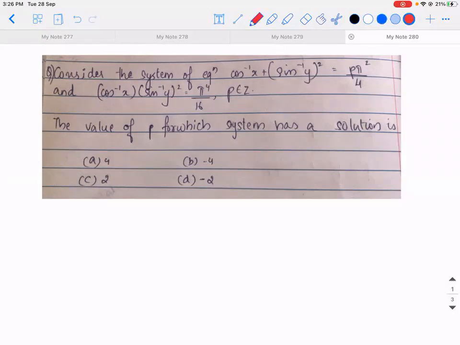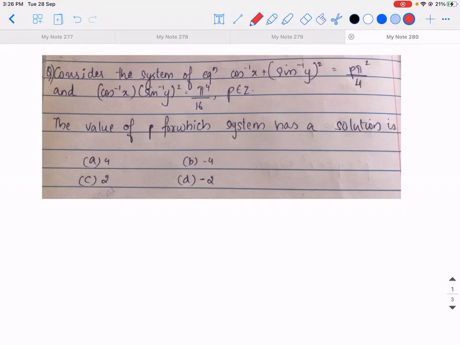So in this question, consider the system of equations: (cos inverse x plus sine inverse y) whole square is equal to p pi square divided by 4, and another equation is given: (cos inverse x) times (sine inverse y) whole square is equal to pi raised to 4 by 16.